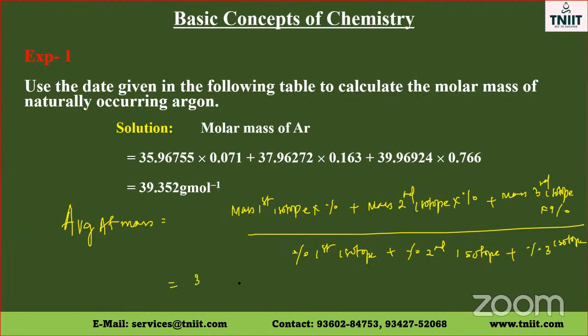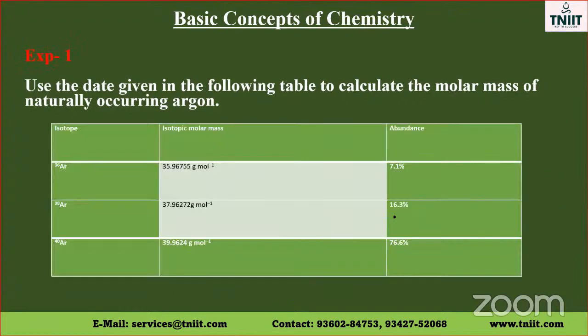So 35.96755 and percentage. Instead of dividing it like this, they've taken it as percent divided by 100. We will take it as 7.1 itself. Plus second isotope, it is 37.96272. Percentage is 16.3.